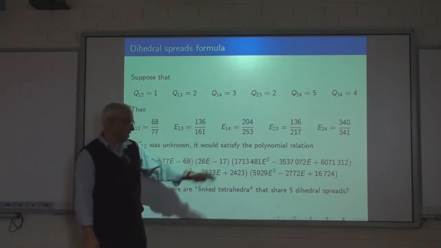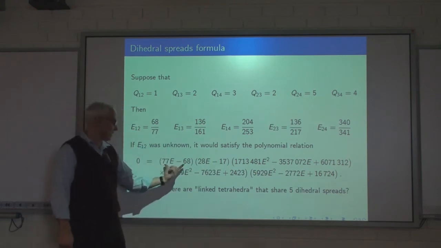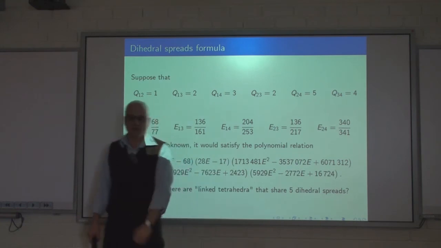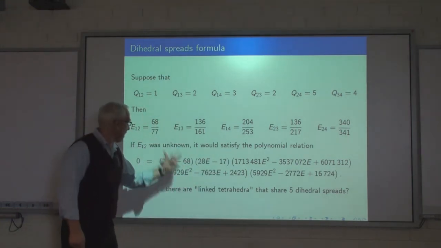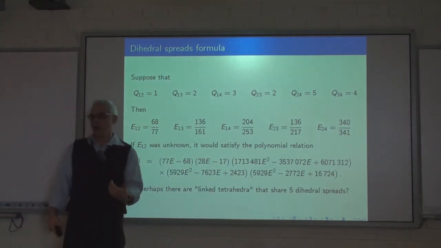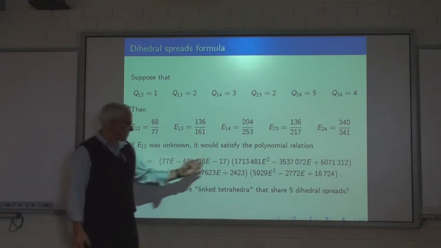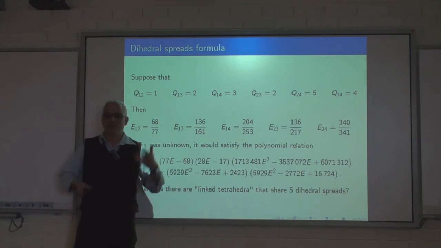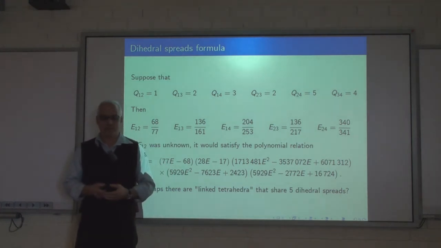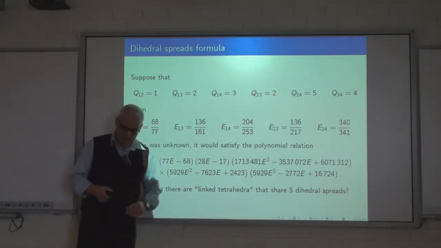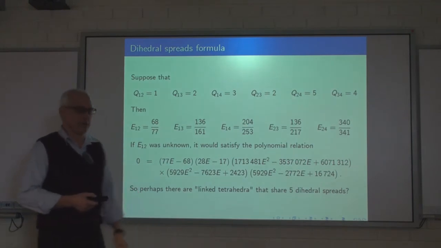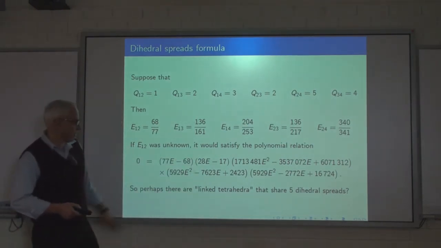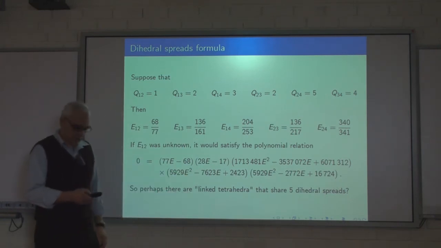It's this thing here. It's of degree 8. And it conveniently factors into 2 linear factors and mysteriously into 3 quadratic factors. One of these linear factors is the tetrahedron that we've got. The others presumably are somehow linked or closely associated tetrahedra. And I confess to not understanding that at all, what's going on there, or why this takes this particular form. What's the meaning of these quadratic equations?